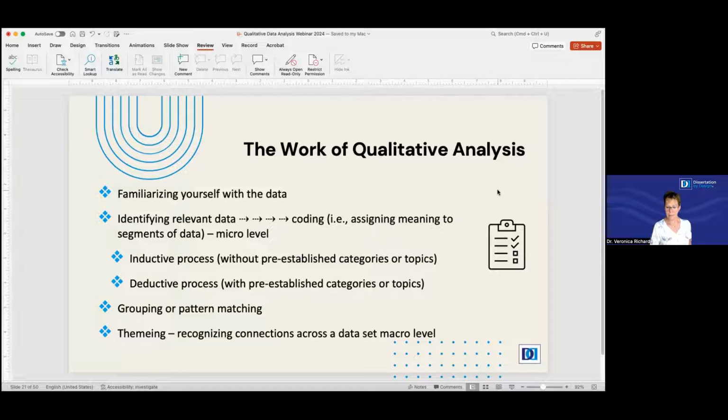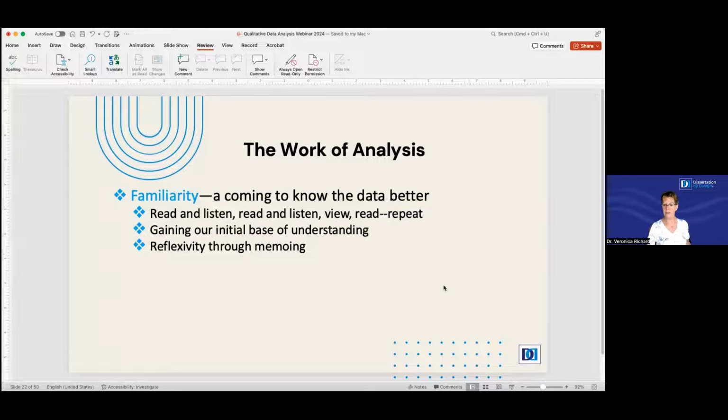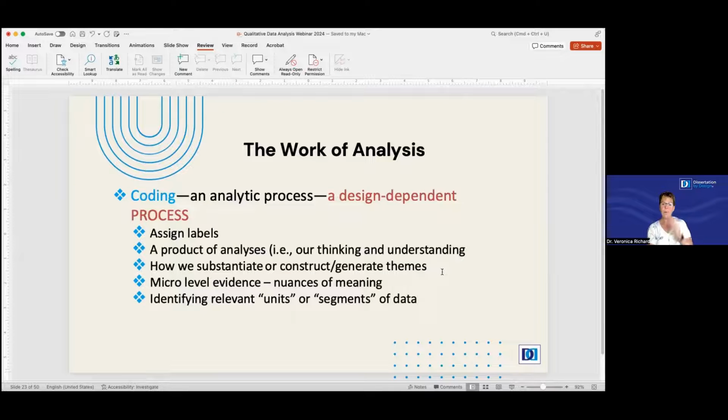All right, let's see here. So familiarity, that's what I was just talking about, going through and reading and listening, gaining an initial understanding, being reflexive. The work of analysis also has to do with coding or data identification.